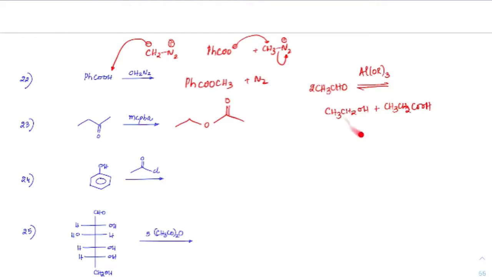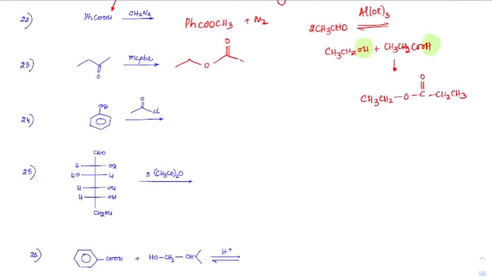Okay, like Cannizzaro. First make sure these two are formed, then remove OH from here, H from here. That will be the final product, which is CH3CH2O connected to double bond O CH2CH3. So you can see this is the same product as this. Got it? So you can get this through Tischenko also. Everybody understood that?